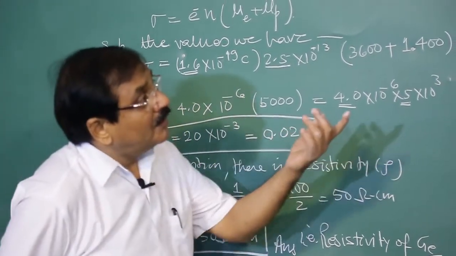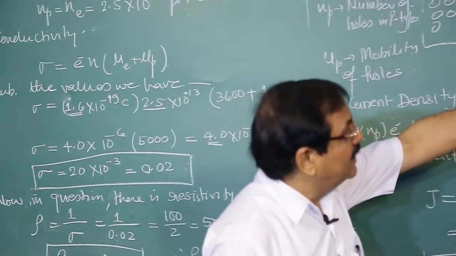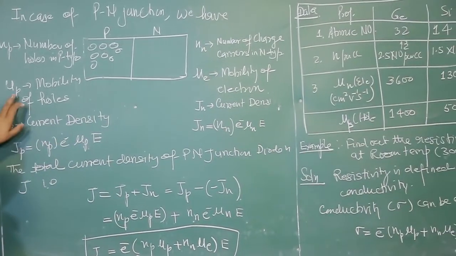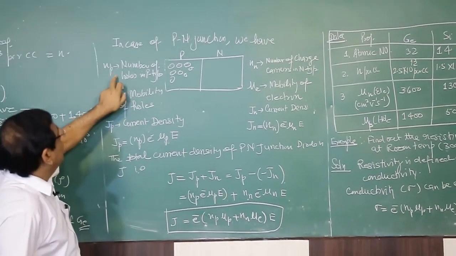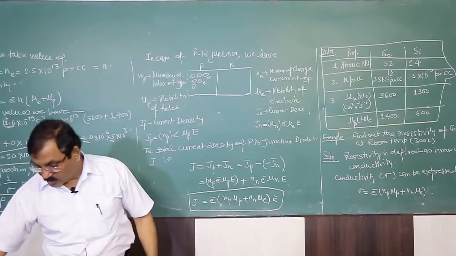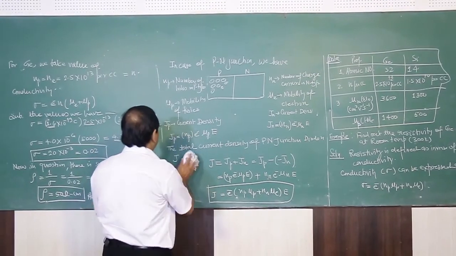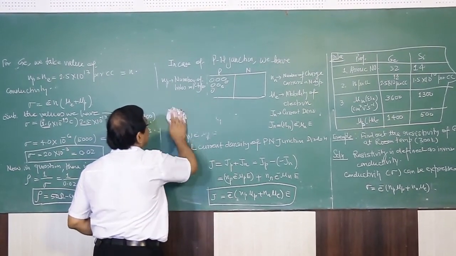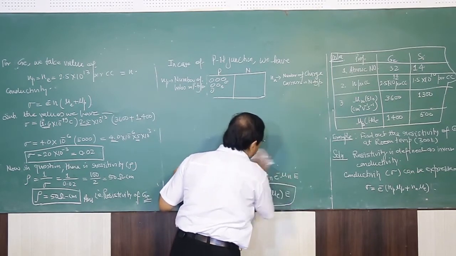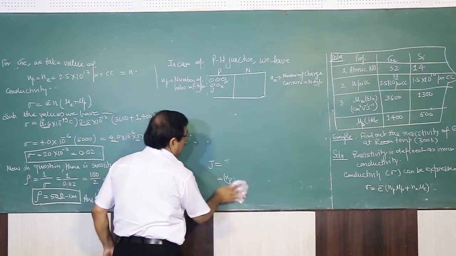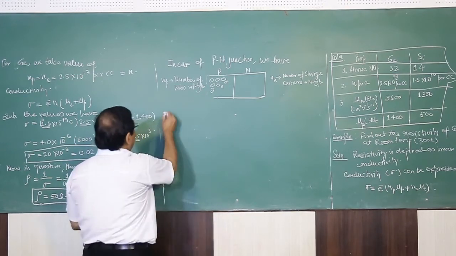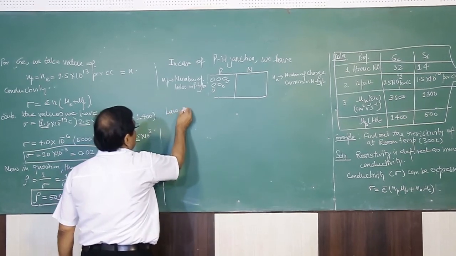Now, we have these two values, the number of electrons and the number of holes, which are the number of charge carriers. On the basis of these two parameters, we can also have one important law, known as the law of mass action.